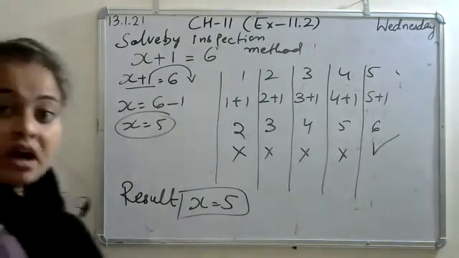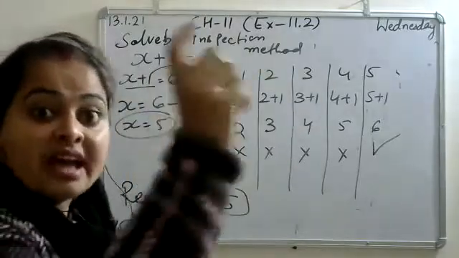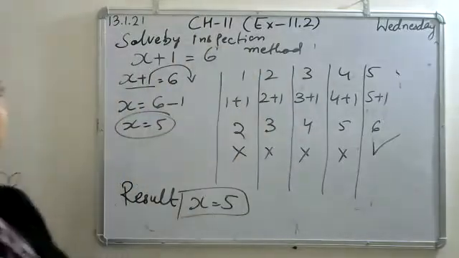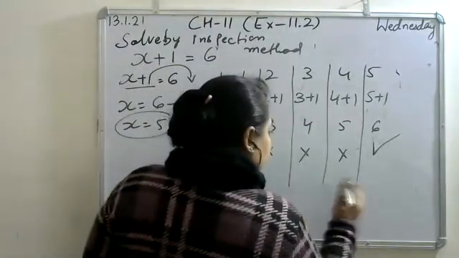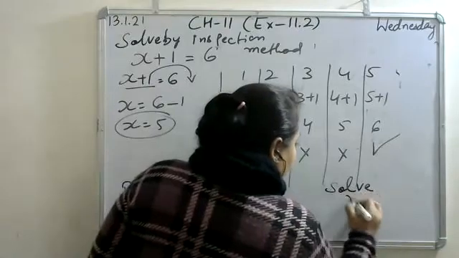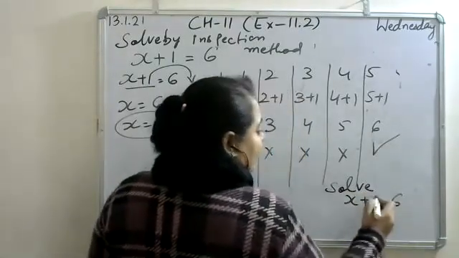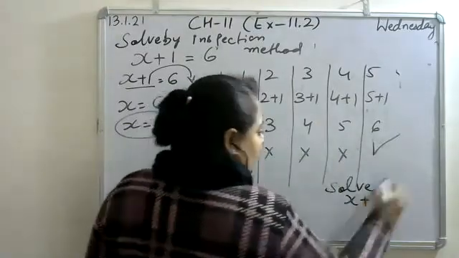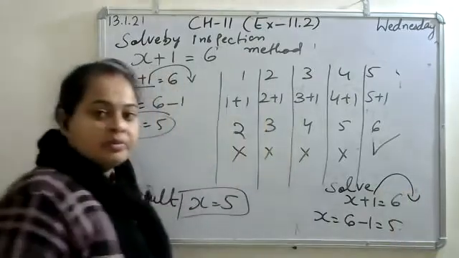So in the exam, first of all, check the heading. What is the heading? If the heading is only solve, x plus 1 is 6, then you will solve like this, जैसे हमने previous 2 questions किए. 6 minus 1, 5. Finish.